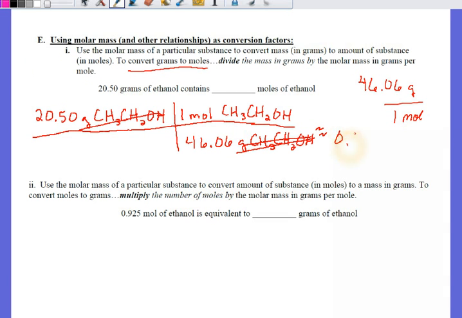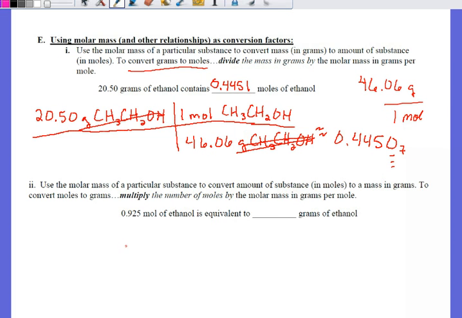So 0.4450, and then there's a 7 after the 0. There's 1, 2, 3. My 4th sig fig would arrive right here where the 0 is. Now that 7 is going to make that 0 round up to a 1. So my reportable answer is 0.4451 moles of ethanol.